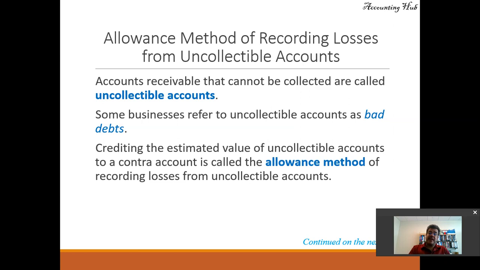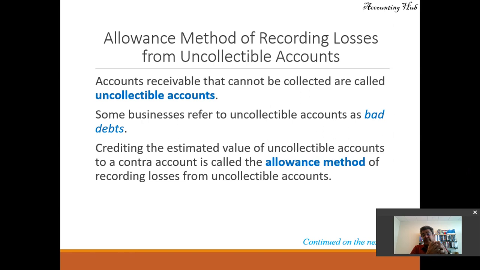Crediting the estimated value of uncollectible accounts to a contra account is called the allowance method of recording losses from uncollectible accounts. This is not valid for tax. They don't work with allowance, but for accounting, we work with allowance.